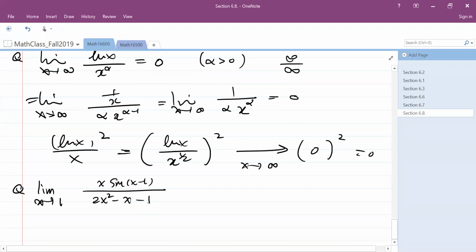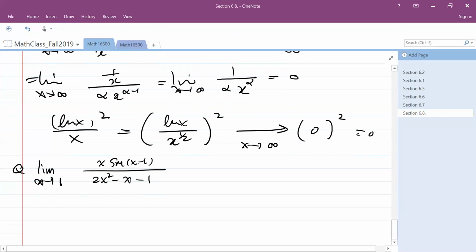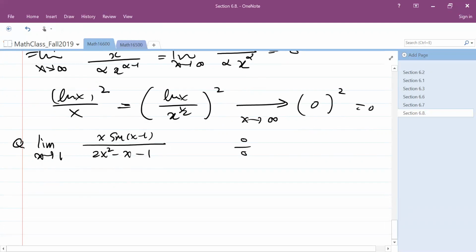First of all, you check what type it is. When x approaches 1, you get sine 1 minus 1, so it's 0. Then the denominator, when you plug in 1, 2 minus 1 minus 1, that's 0. 0 over 0 type, so you can differentiate.